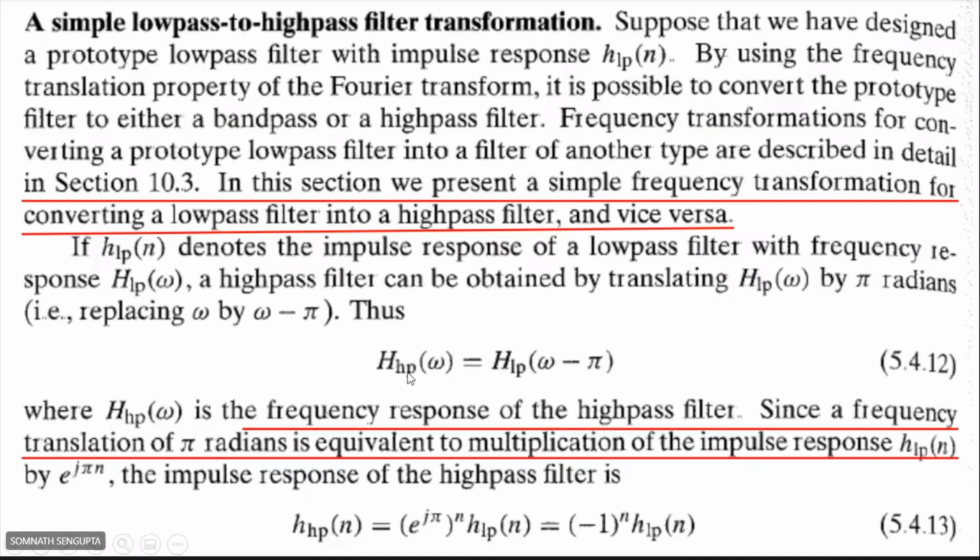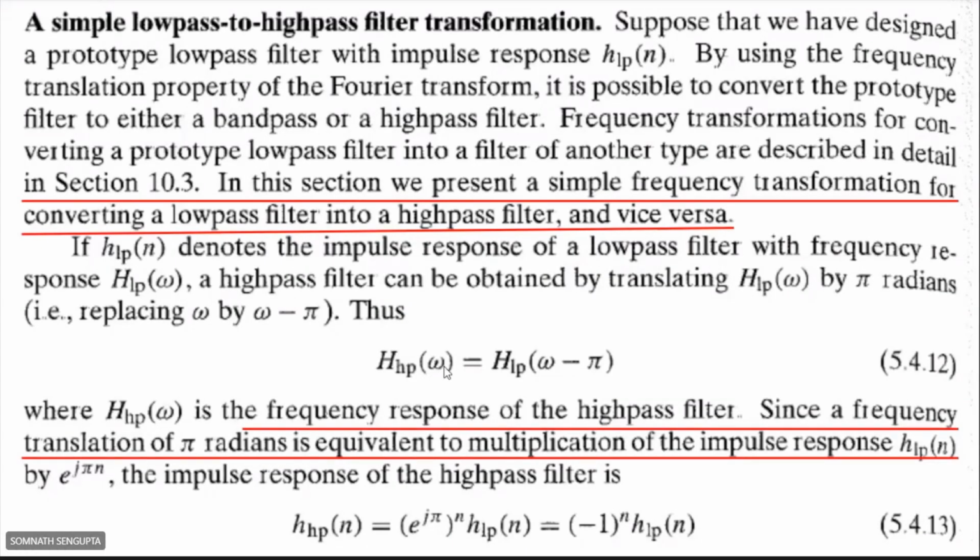So the high pass filter gain would be equal to the low pass filter gain at omega is equal to pi, that is H_LP of 0, that means gain is high. So this way we can convert the low pass filter to a high pass filter.